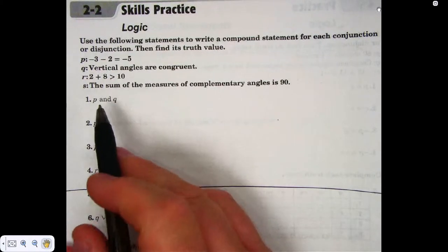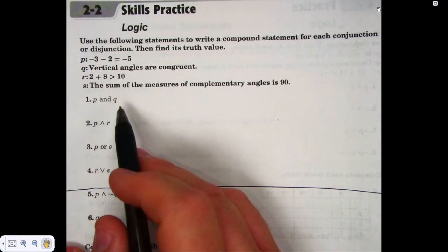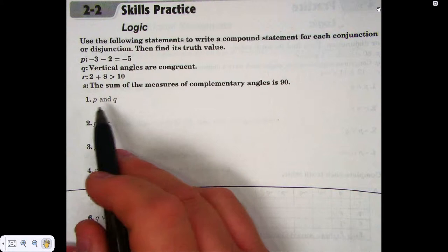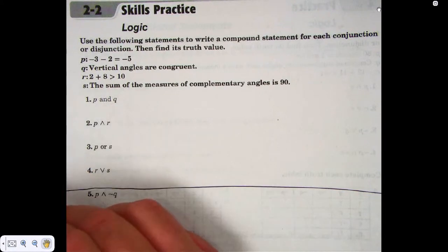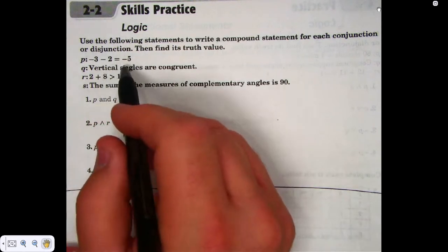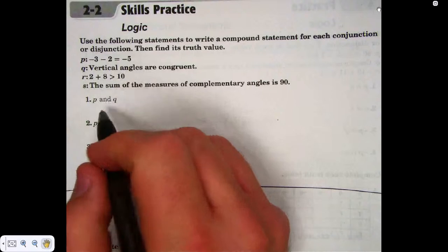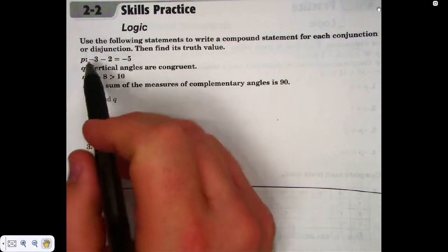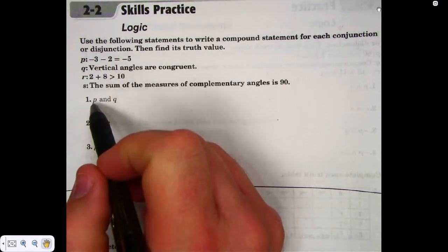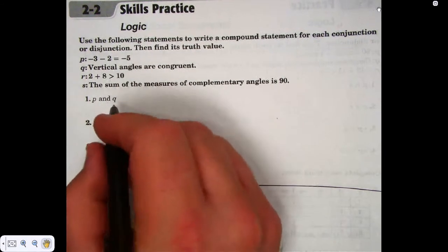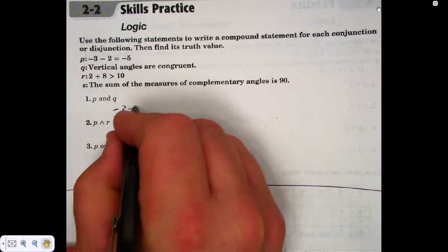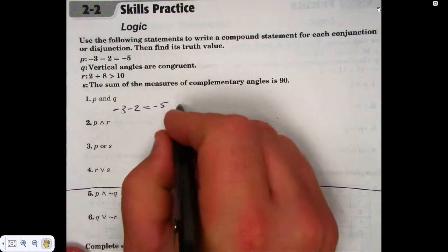What are they doing here? P and Q. We need to write this compound statement. What's P? What do they say P is? That's weird looking, the way all this is, but it's really simple. It's saying, whatever P is, plug it in there. So I would say negative 3 minus 2 is equal to negative 5.